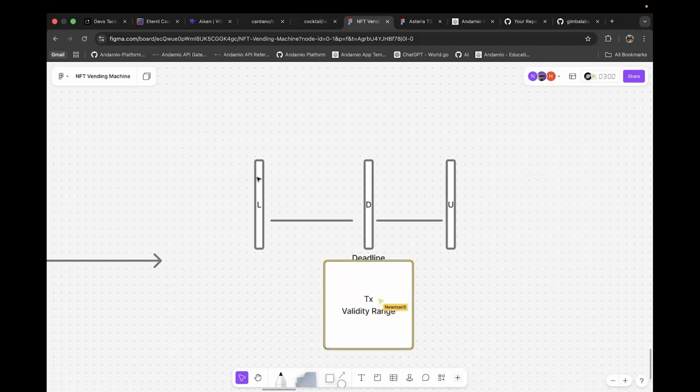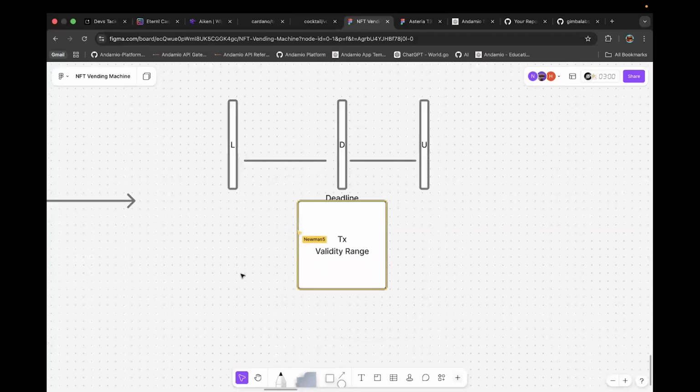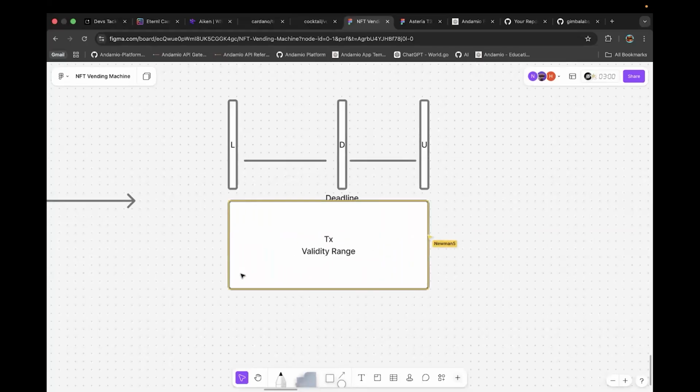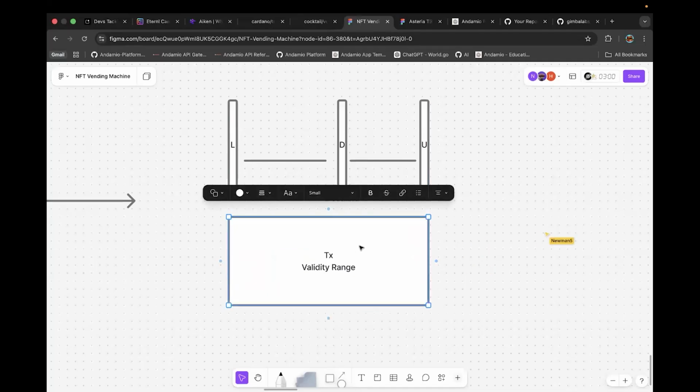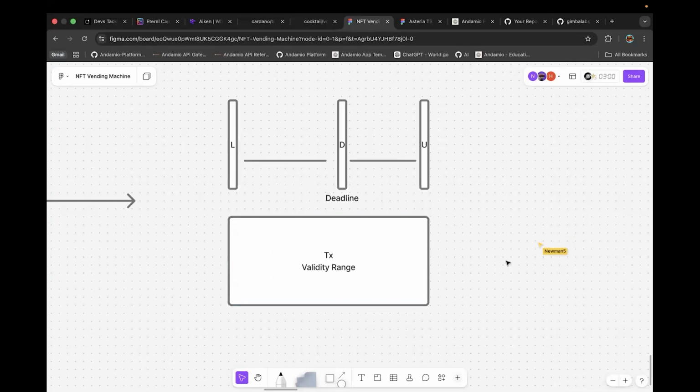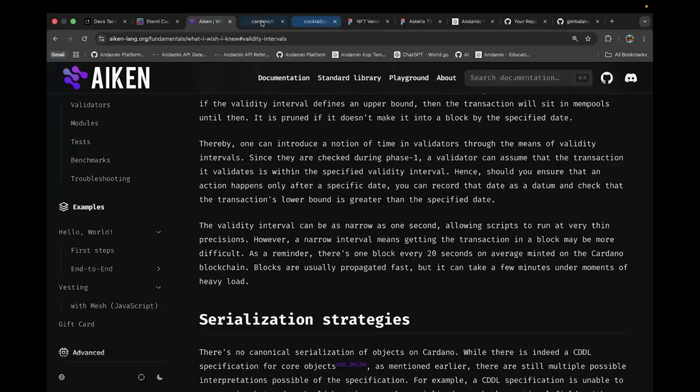So let's do this as our graphic now. So that has an upper bound and this has a lower bound, right? I feel like my understanding might be wrong. Correct me whenever I'm saying something wrong, okay? Is this right? We get our validity range from the transaction.